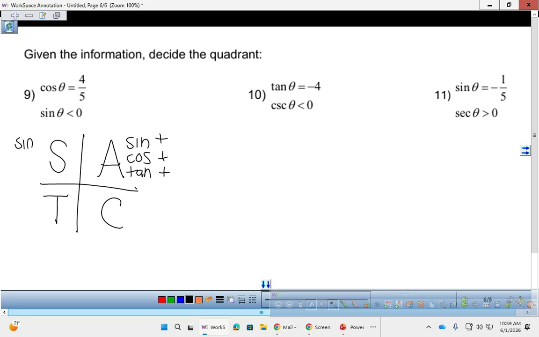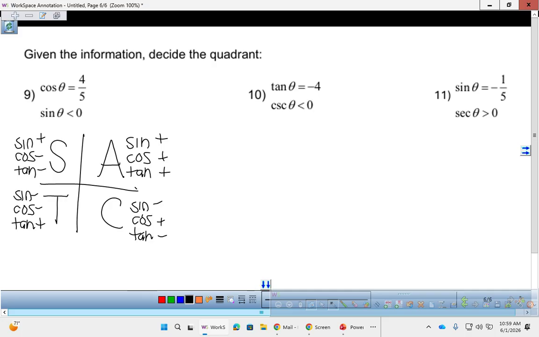In quadrant 2, only the S is positive. So that means that the sine is positive, but the cosine and tangent are negative. T means that in quadrant 3, only the tangent is positive, which means that the sine and cosine are negative. And in quadrant 4, only the cosine is positive, which means that the sine and tangent are negative.